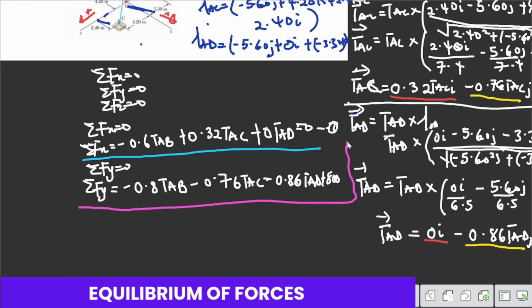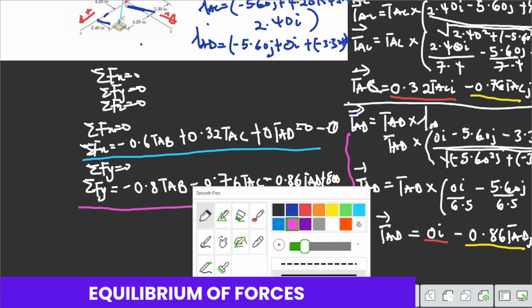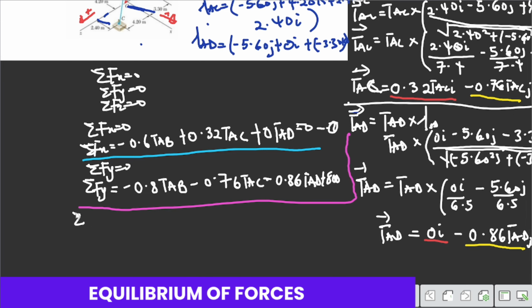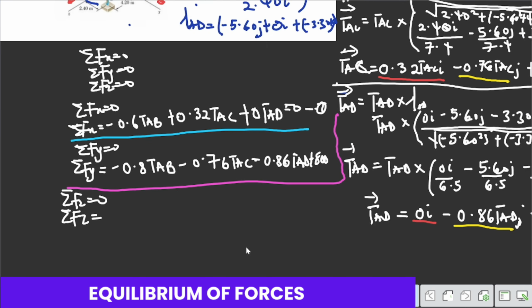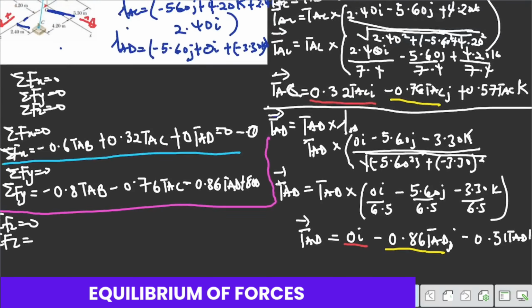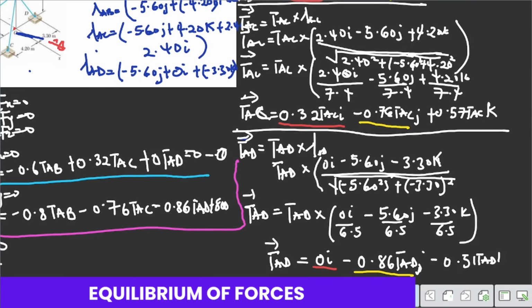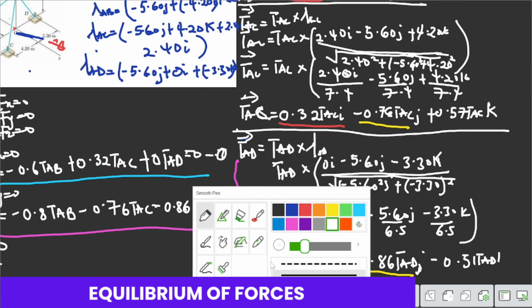Then lastly, we sum the forces at Z. So the sum of the forces FZ is equal to 0. So we can open it up a bit. Let's go to this side. At this point, we can choose to use green.